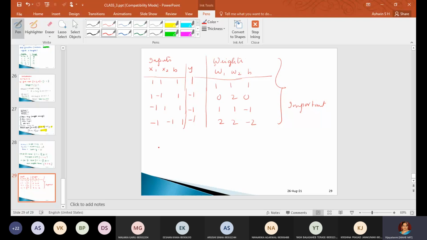Normally the separating line equation is the bias plus x1 w1 plus x2 w2 is equal to 0.